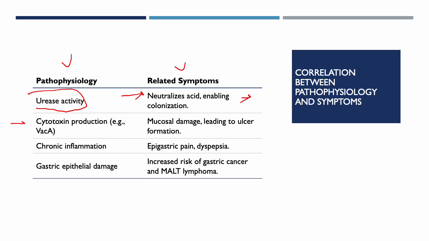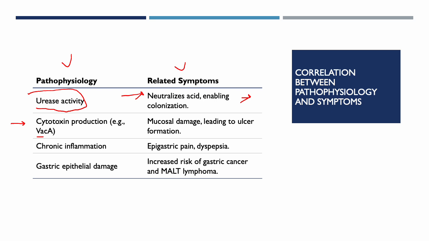What about cytotoxin production? VacA, which stands for vacuolating cytotoxin A, is a major virulence factor produced by Helicobacter pylori. The name comes from its ability to induce vacuole, meaning a fluid-filled cavity, formation in epithelial cells, and this leads to cellular damage.